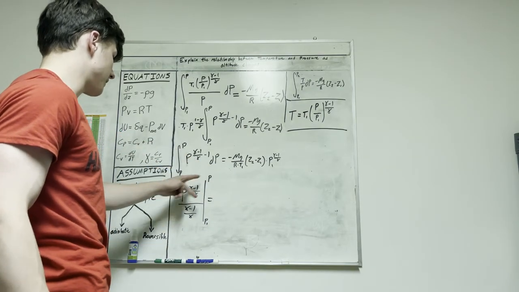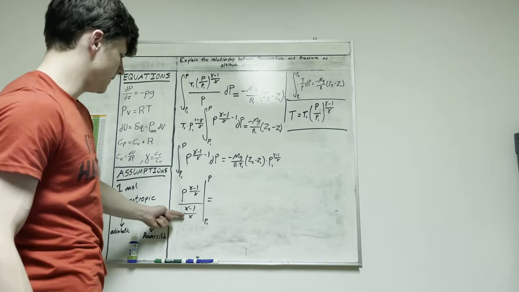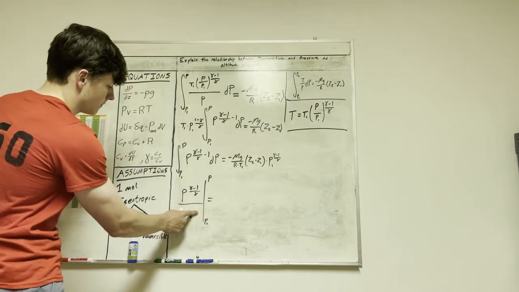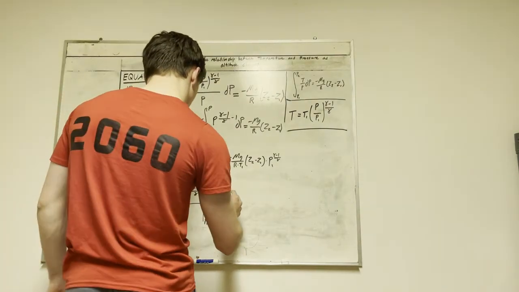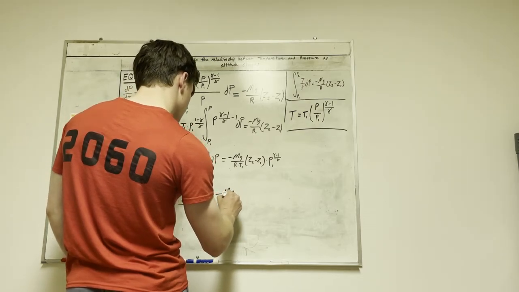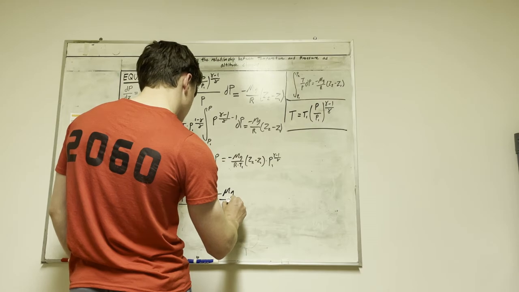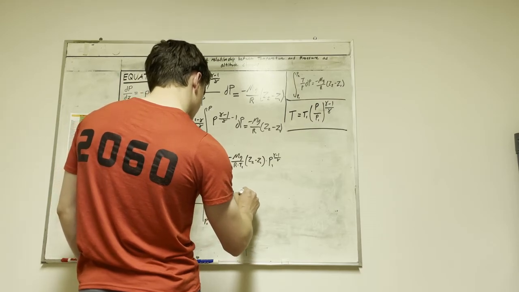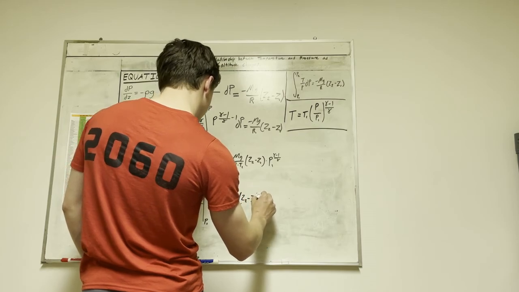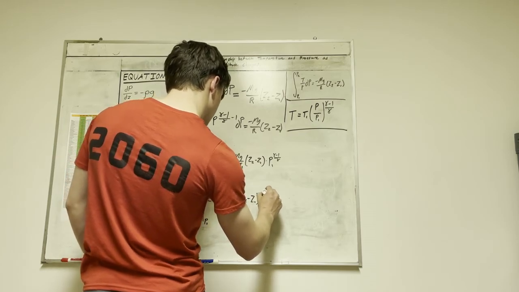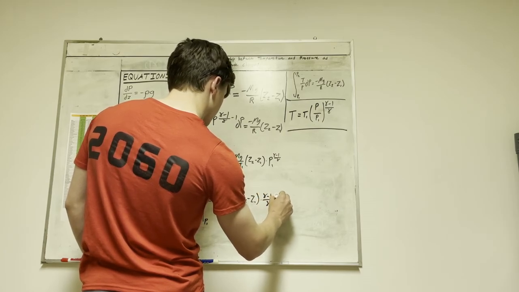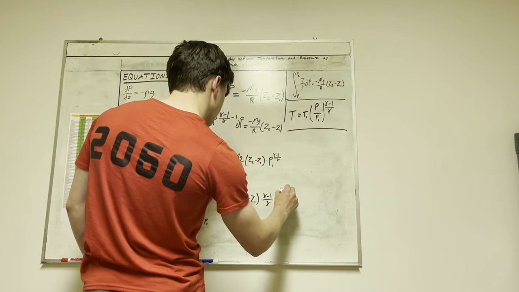And so before we evaluate from these bounds, I'll move this term over to the right side of the equation. And then we will get negative mg over R times T1 times Z2 minus Z1 times gamma minus 1 over gamma times P1 to the gamma minus 1 over gamma.